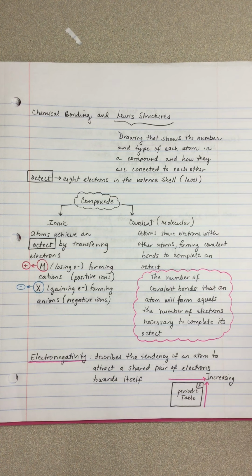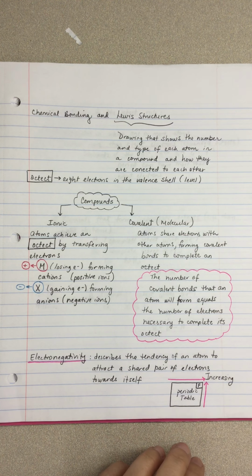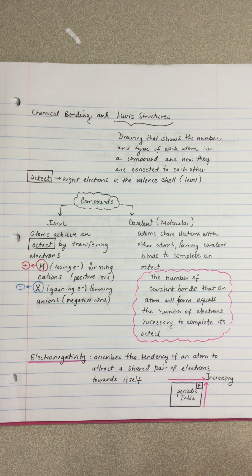I'm going to refer to it later. You will see it a little bit when we're drawing the Lewis structure, but we actually use it to determine which type of bond you have. It's just a property that describes how much an element likes electrons.